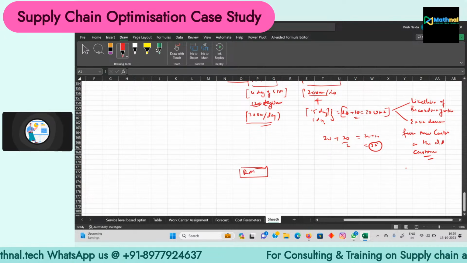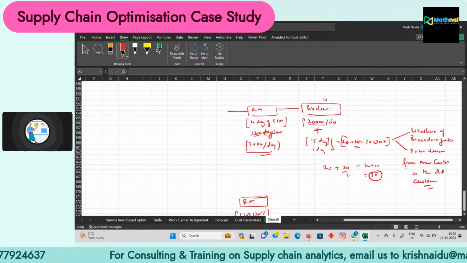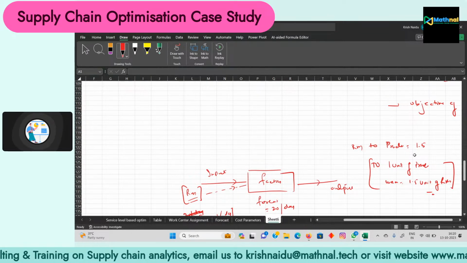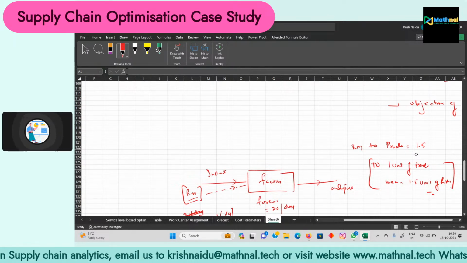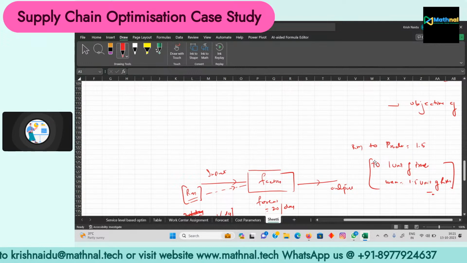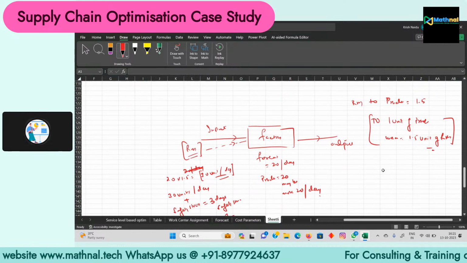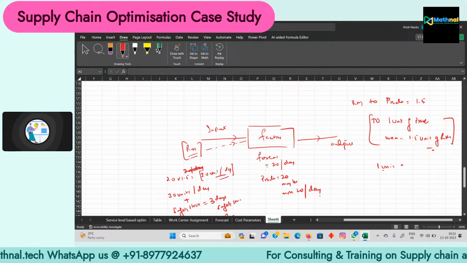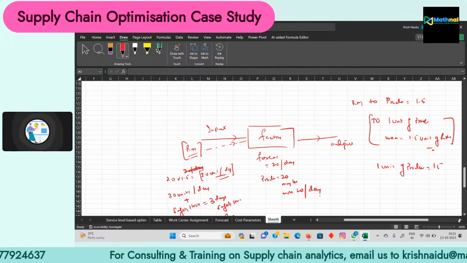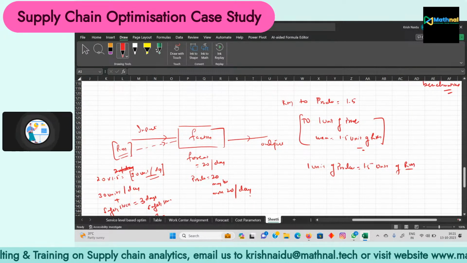So for raw material, I'm going for 120 units. The reason is that to derive 1 unit of product, I need 1.5 units of raw material, because a certain amount of raw material will go into wastage.